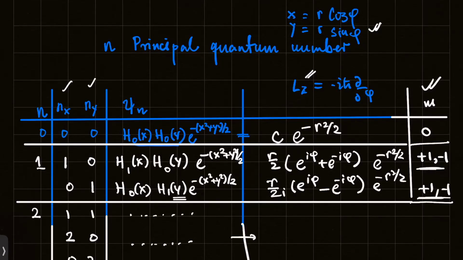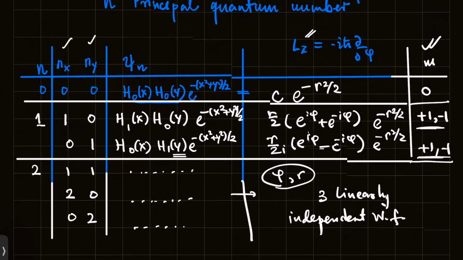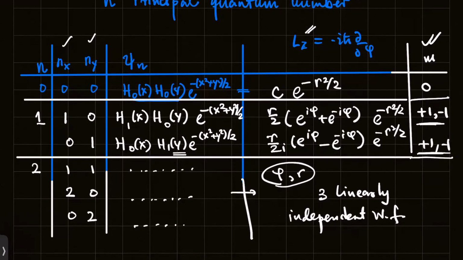And if you then go over here and express it in terms of phi and r, what you will see is that there are three linearly independent wave functions, and they're made out of linear combinations of wave functions which have m eigenvalue +2, -2, and 0.